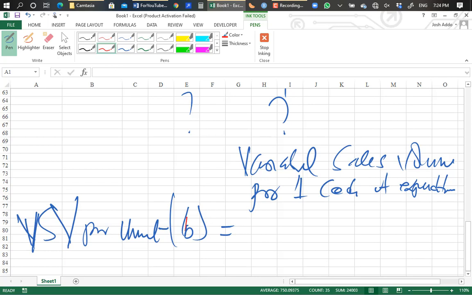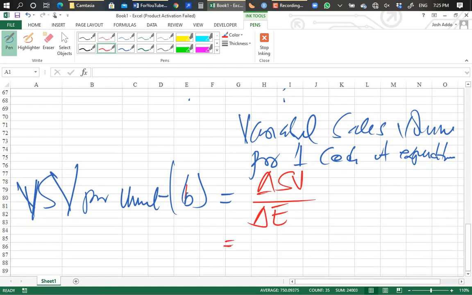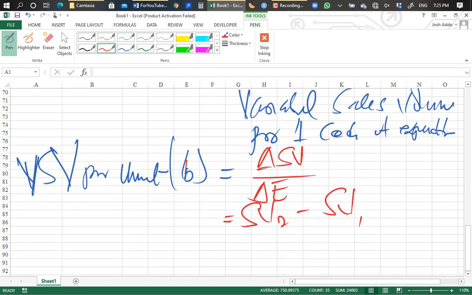So variable sales volume per unit, represented by B, is equal to change in sales volume divided by change in promotional expenditure, which, like I was trying to illustrate above, is SV2 minus SV1 divided by expenditure 2 minus expenditure 1.